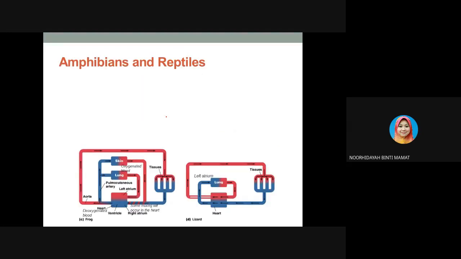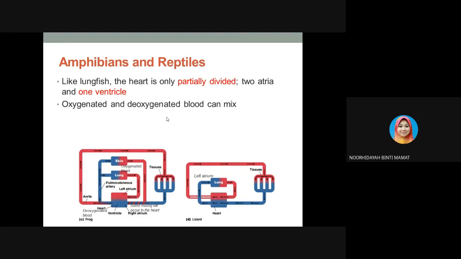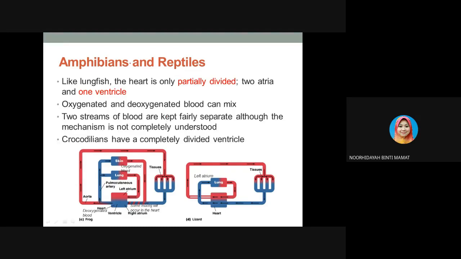Now we are talking about amphibians and reptiles. Like lungfish, the heart of amphibians and reptiles is only partially divided. They have two atria and one ventricle, so the oxygenated and deoxygenated blood can also be mixed.